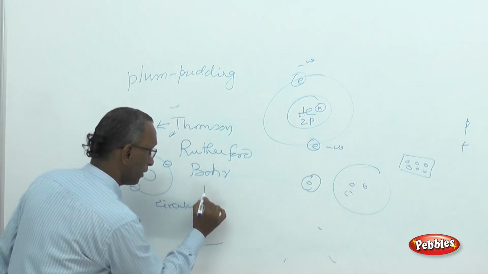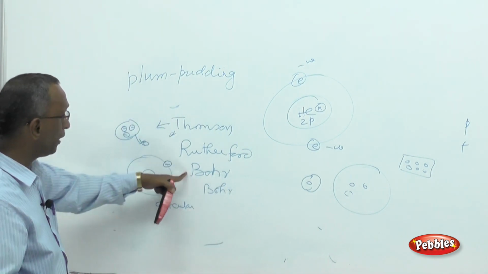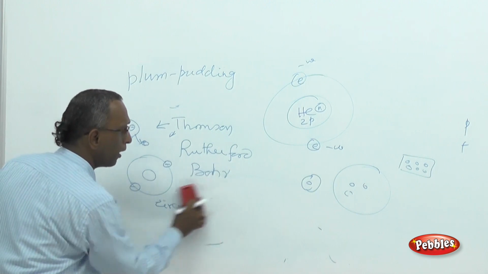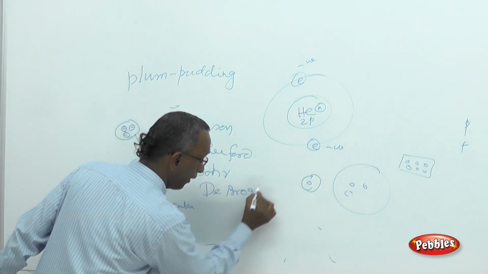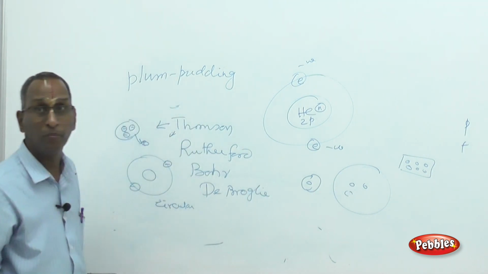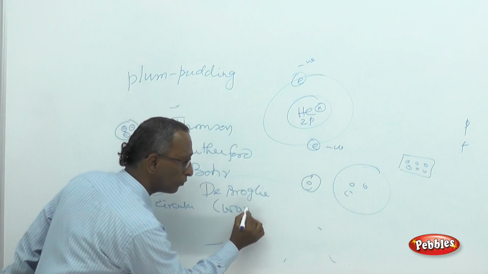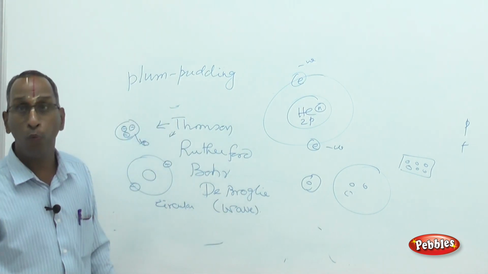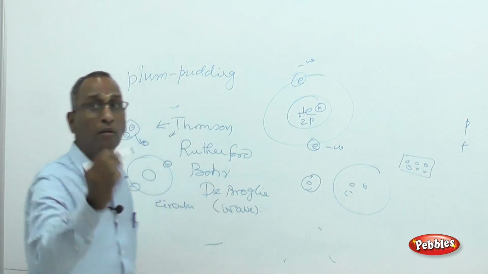Another model is the De Broglie arrangement. So far the electron was considered as a particle. De Broglie introduced a concept of wave. Electrons are considered as waves, which means they have to be in motion.